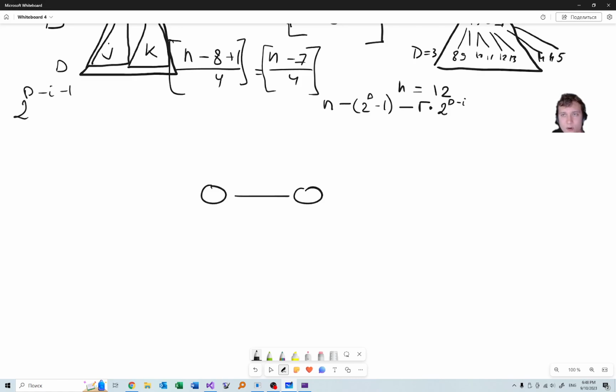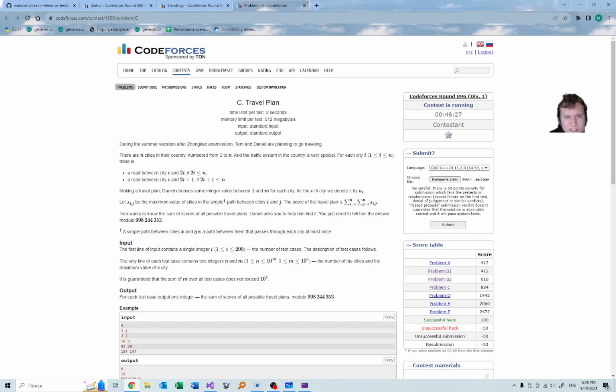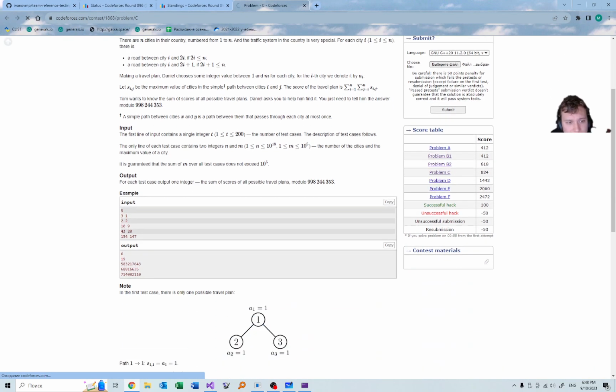So there is one way to choose answer 1, and there are 3 ways to choose answer 2. No, why 3? There is 1 way to choose answer 2, and this is all multiplied by 2. So yes, this is definitely 6. So why is it 19? Why is it 19?